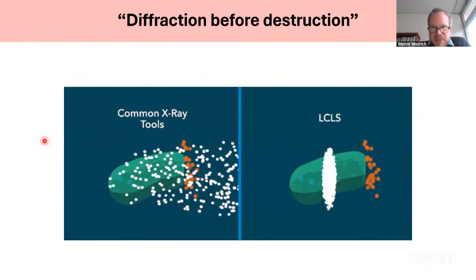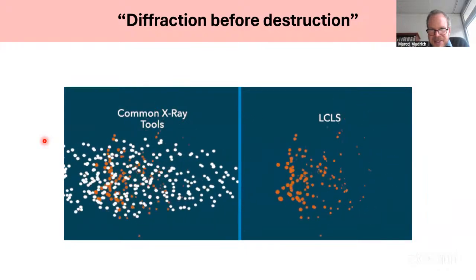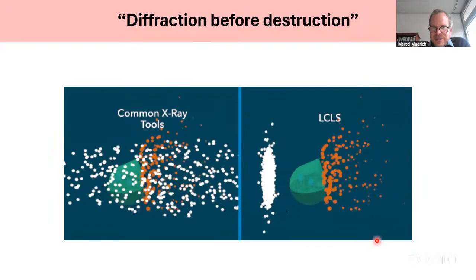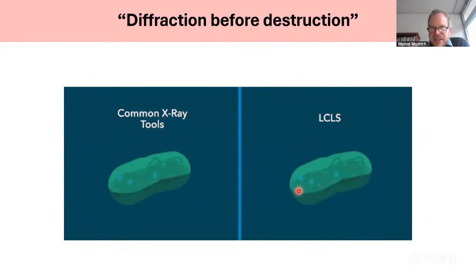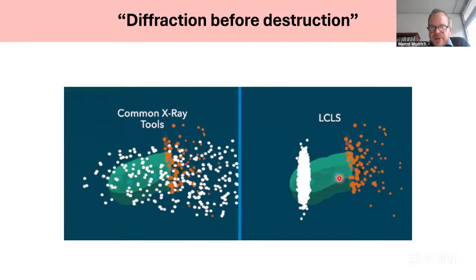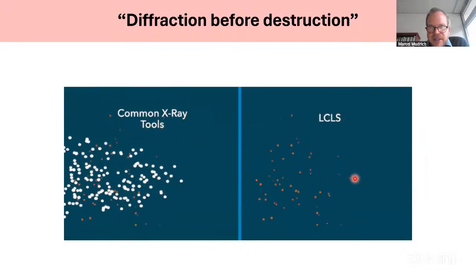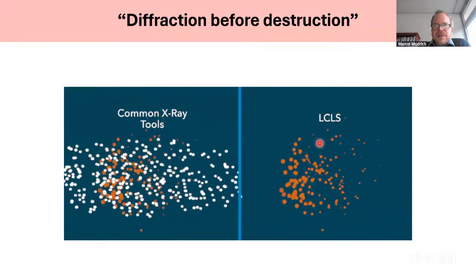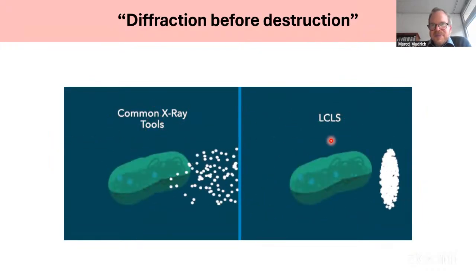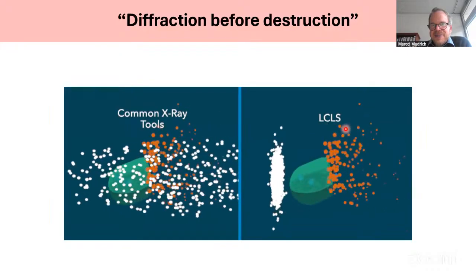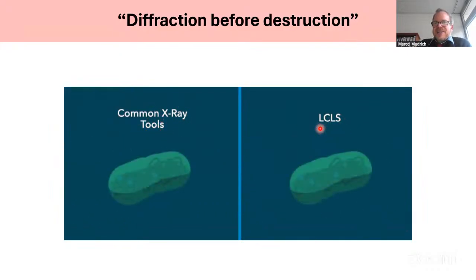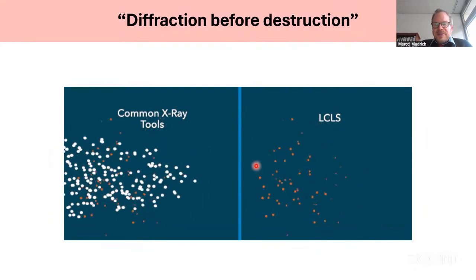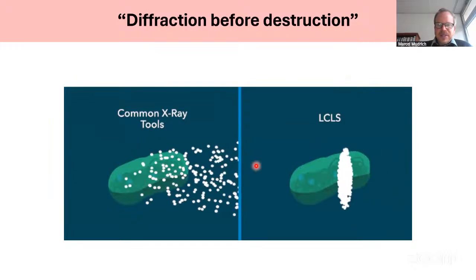So what is much better is a pulse like this, so short that it completely interacts with the intact sample before the decomposition of the target sets in. This is taken from a website from LCLS, the XFEL in California, because it was the first one to generate these femtosecond intense X-ray pulses.